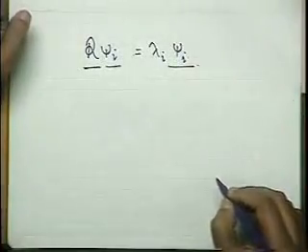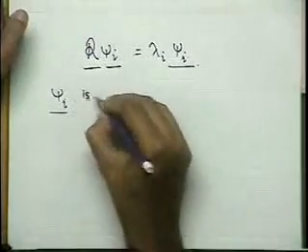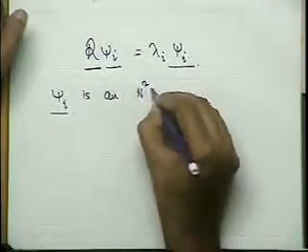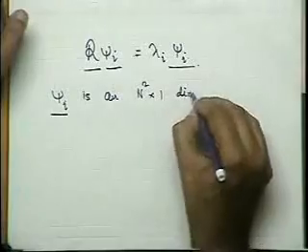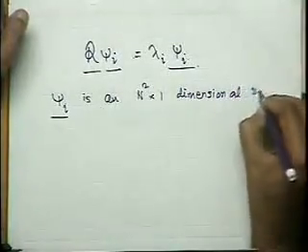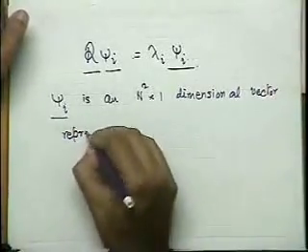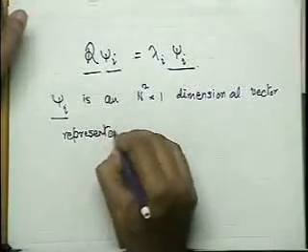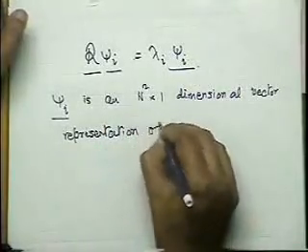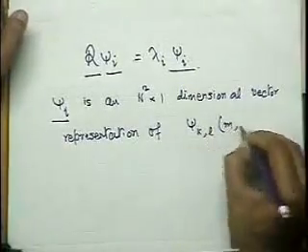Psi i is an N square by 1 dimensional vector representation of psi k l m n.